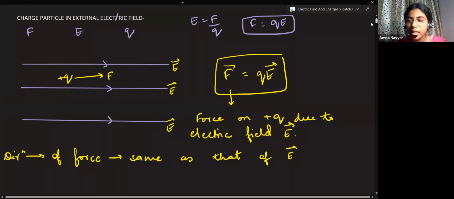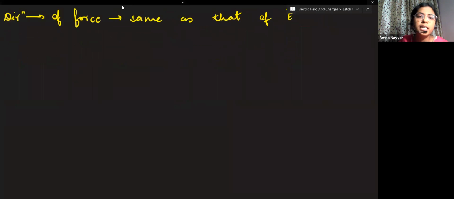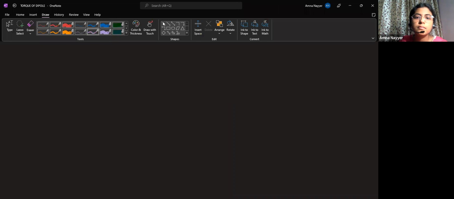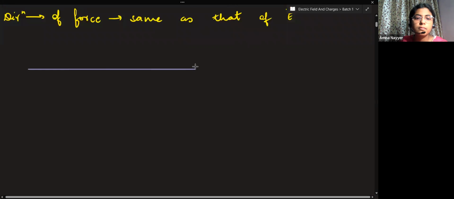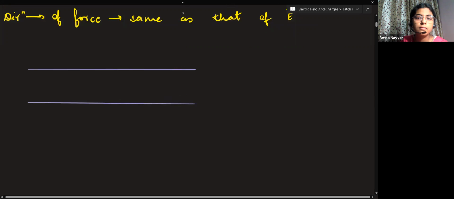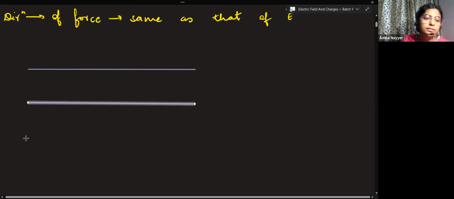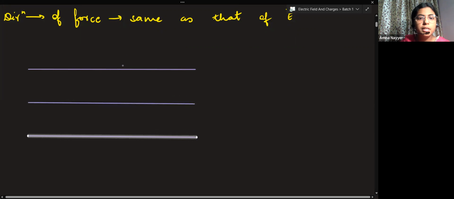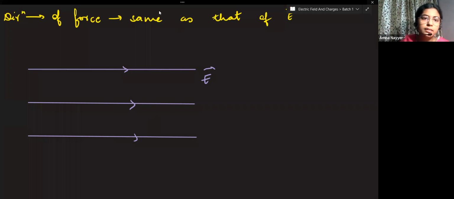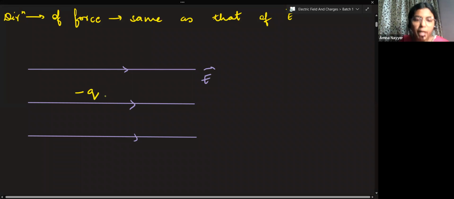Now if I take a negative charge instead of this positive charge, in this similar case, this is a uniform electric field whose direction is towards the right hand side. Now I have taken minus Q charge.